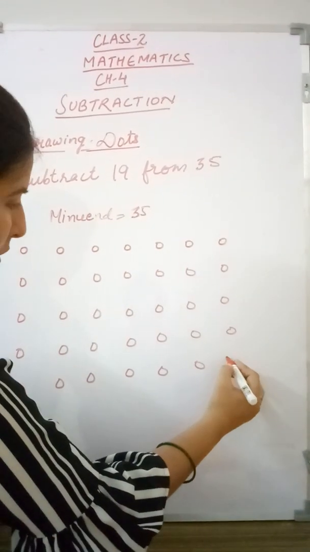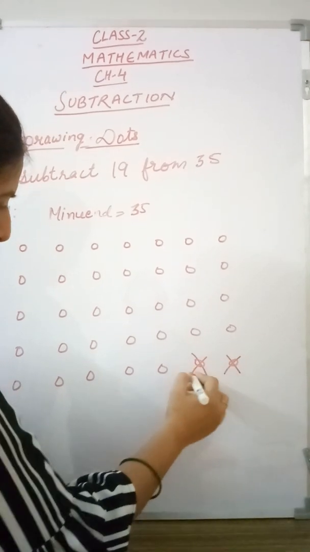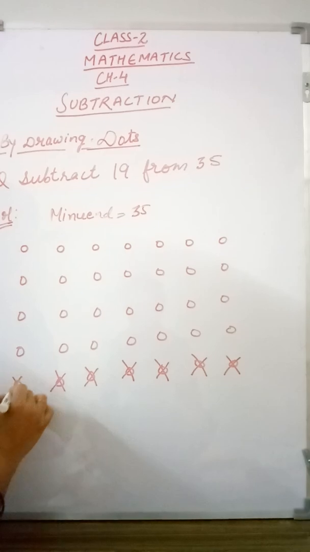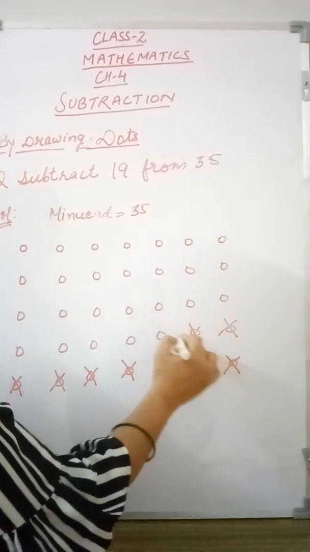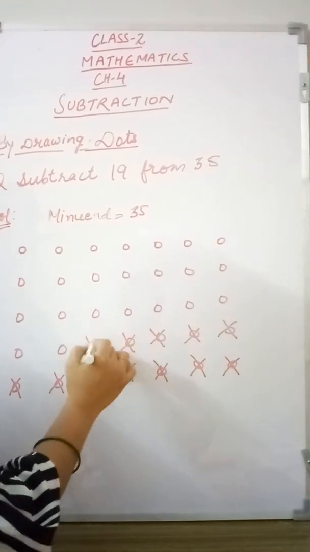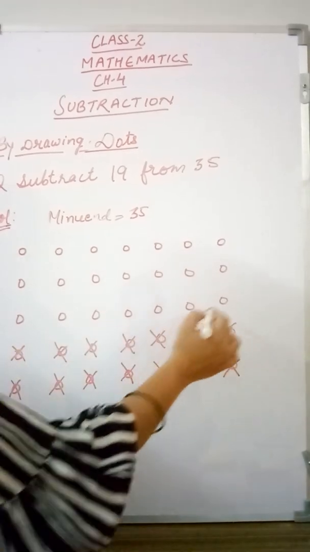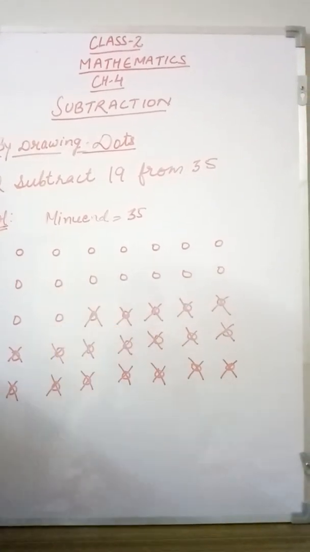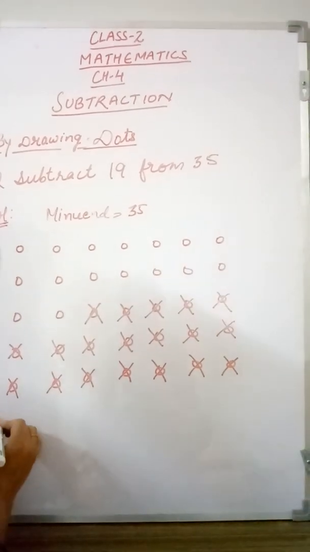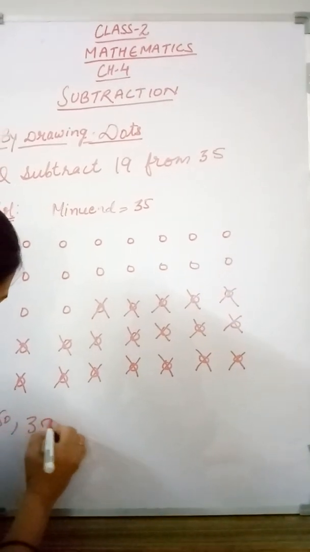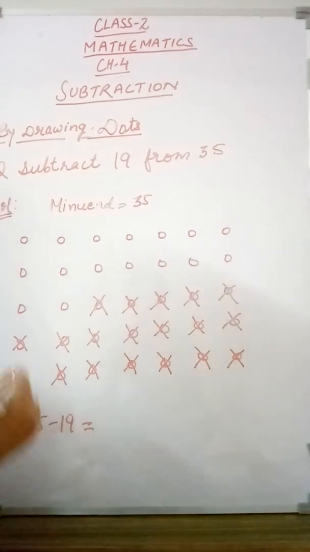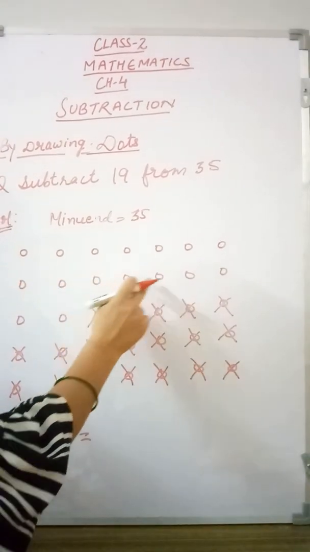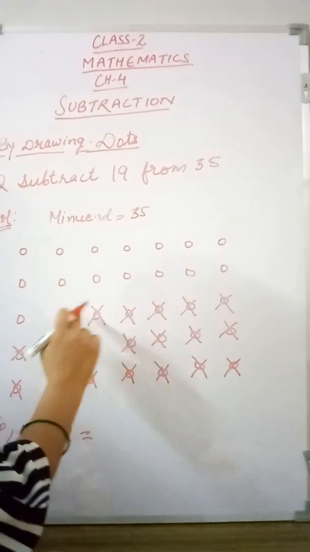19 crosses we have to make: 1, 2, 3, up to 19. Done. Now count the remaining. 35 minus 19. 1, 2, 3, up to 16.